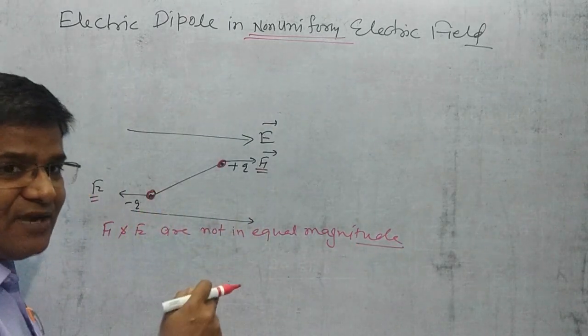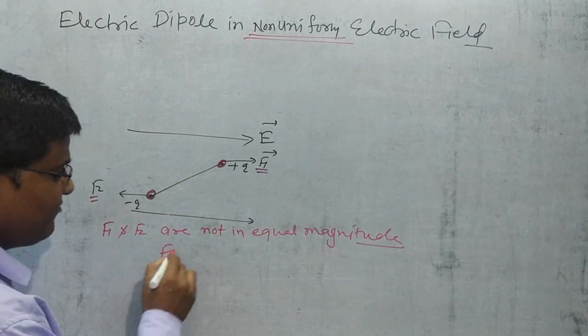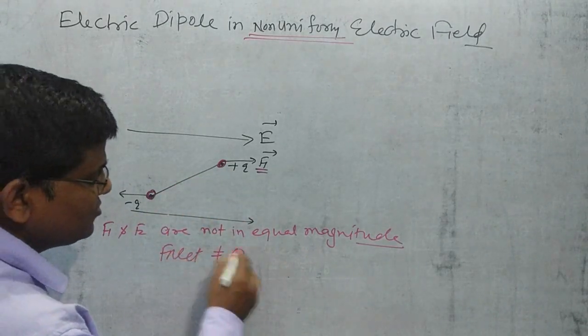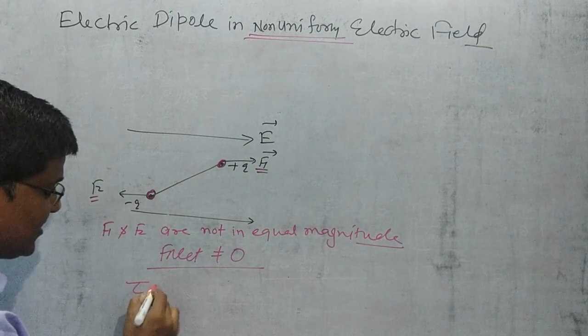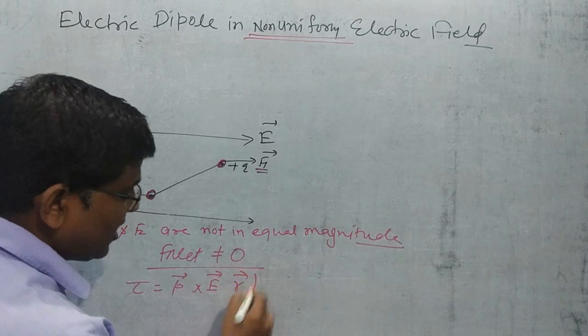In a uniform electric field, net force is 0, but here net force is not equal to 0. And torque depends upon p vector cross E vector.